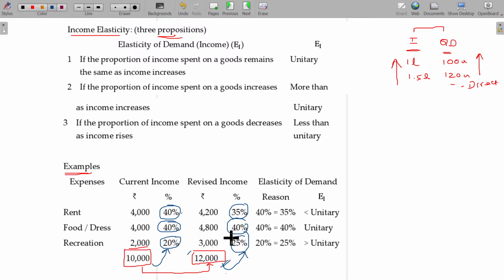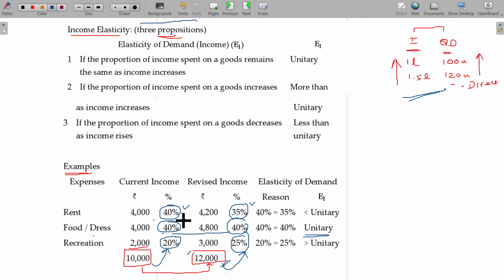So when it comes to income elasticity, rather than dealing with this angle directly, we understand with the 3 propositions. It means the percentage of spending for food beforehand and after the change in income. If before it was 40% of your income, and after the change in your income you also spend 40% of your income for that particular purpose, food and dress, then it is called unitary elasticity.